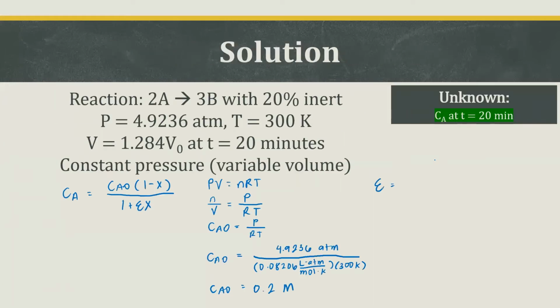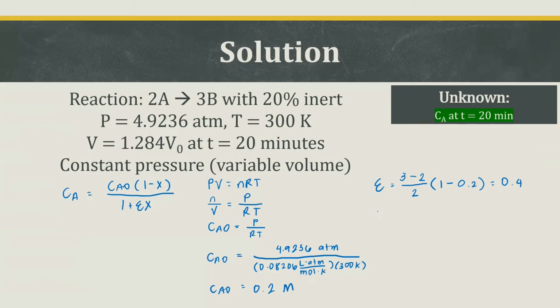In this case, our product contains 3 moles, our reactant contains 2 moles, all over reactant again, so that's 2 moles times the quantity 1 minus the fraction of inert, so 20%, that's 0.2. You should get 0.4 for the fractional change in volume, epsilon.